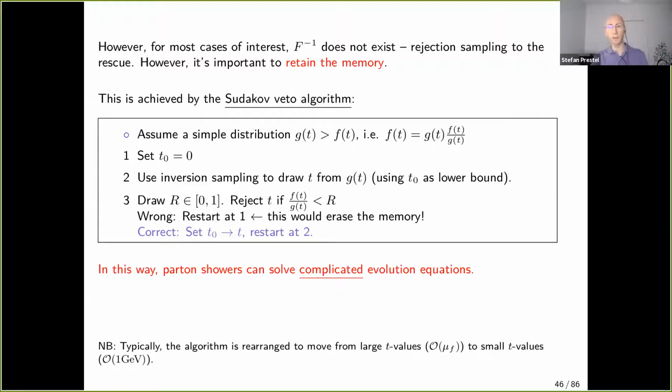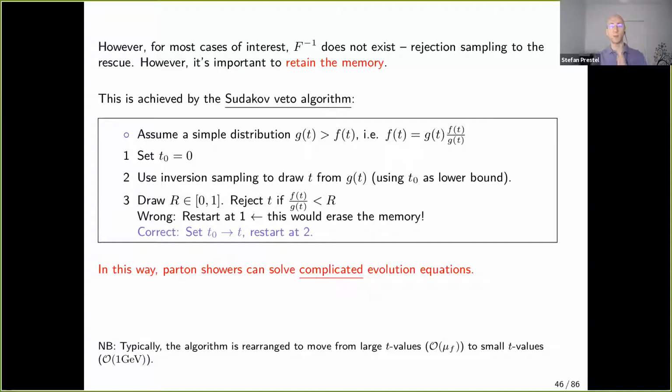The correct thing to do, in order to retain the memory, is to say: if you have rejected a branching to occur at scale t, then the next attempt of drawing another splitting scale t starts from the previous value.